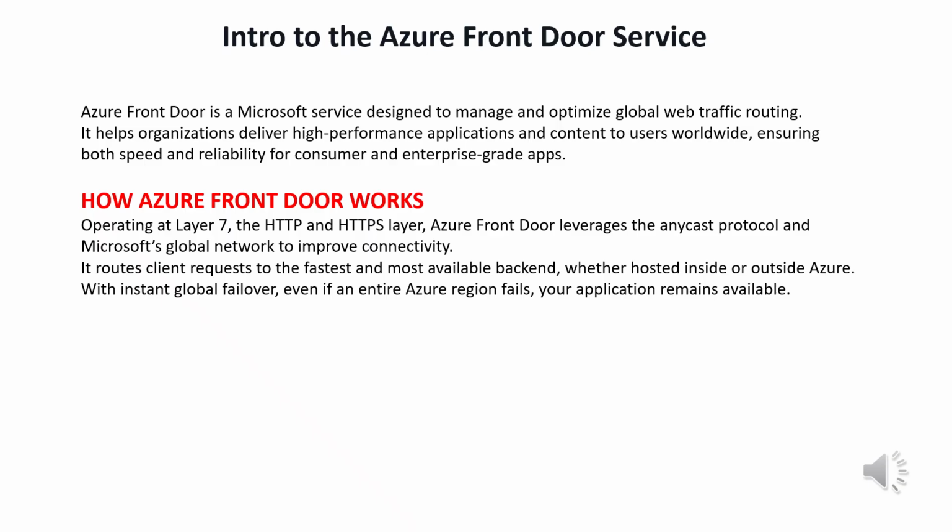Operating at Layer 7, the HTTP and HTTPS layer, Azure Front Door leverages the Anycast protocol and Microsoft's global network to improve connectivity. It routes client requests to the fastest and most available backend, whether hosted inside or outside Azure. With instant global failover, even if an entire Azure region fails, your application remains available.